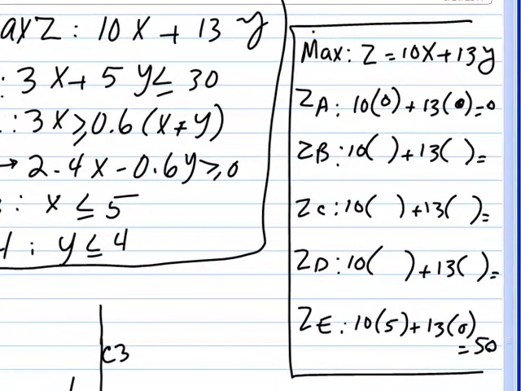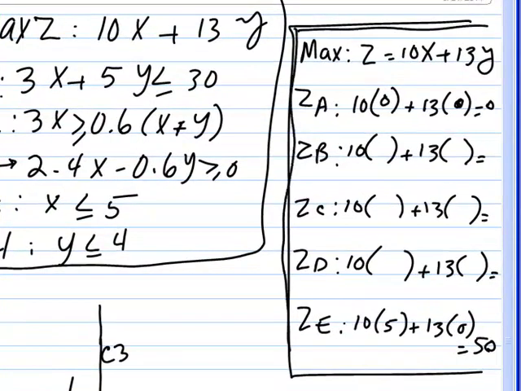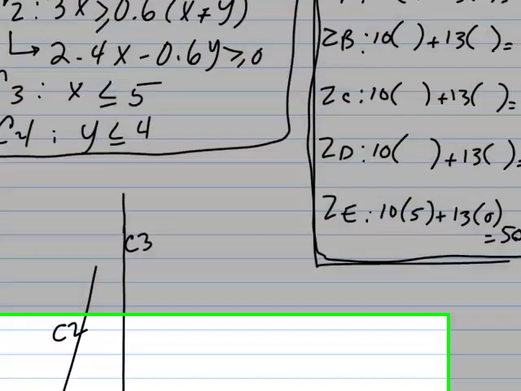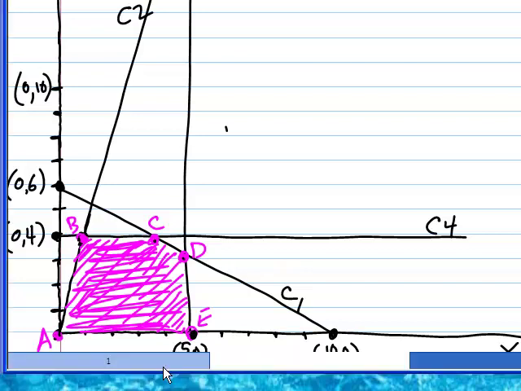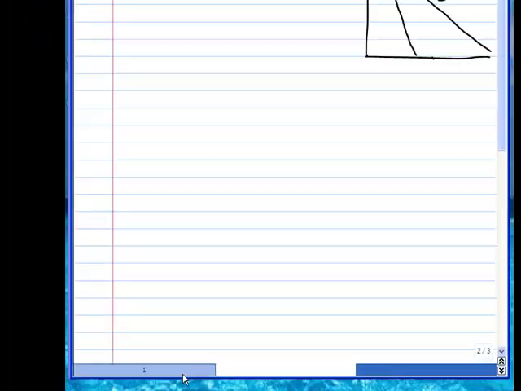The objective function and all of the corner points were identified. We had points A, B, C, D, and E, and we went through all the computation except for the coordinates for points B, C, and D. So let's see how we can solve for them.